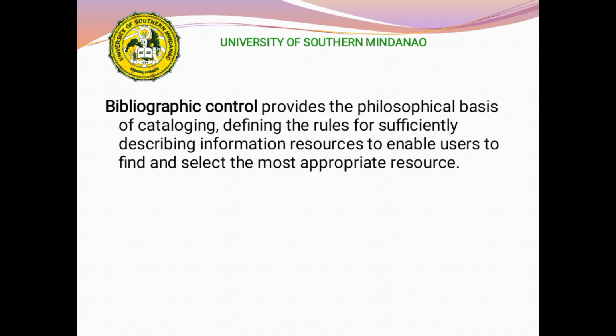A cataloger is an individual responsible for the processes of description, subject analysis, classification, and authority control of library materials. Catalogers serve as the foundation of all library service, as they are the ones who organize information in such a way as to make it easily accessible.